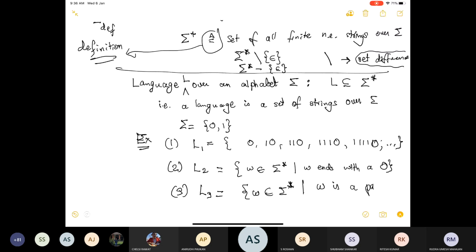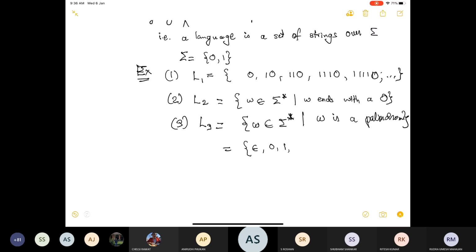Similarly, W is a palindrome. All of you know what a palindrome is, right? A word that looks the same when it is reversed. So this also includes the empty string. That's a palindrome. 0 and 1 are palindromes, and 0 0, 1 1.